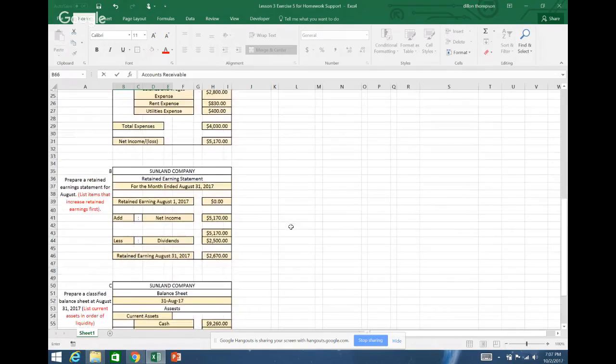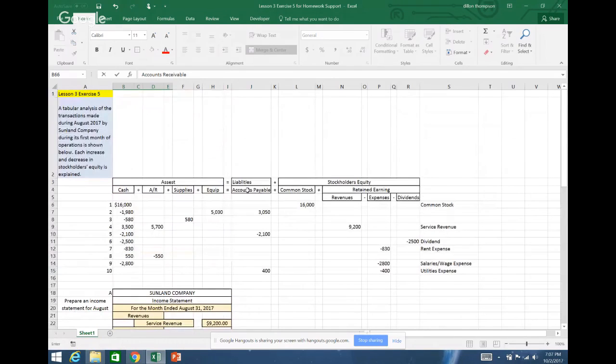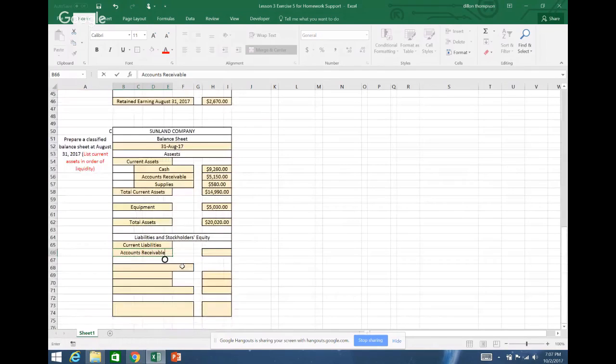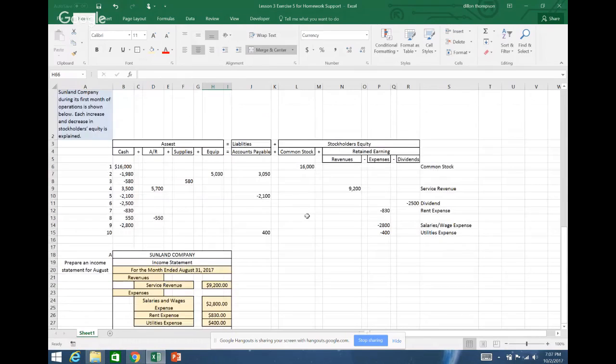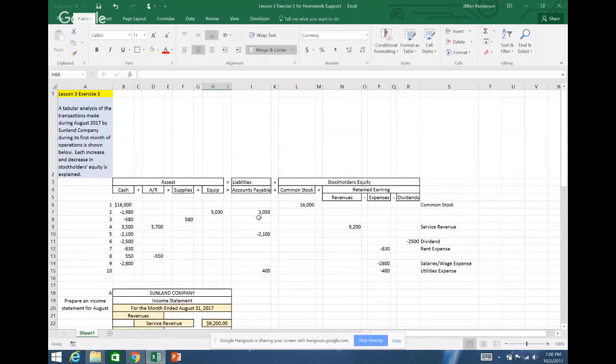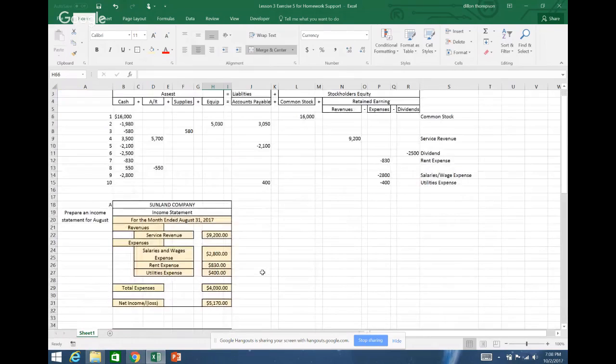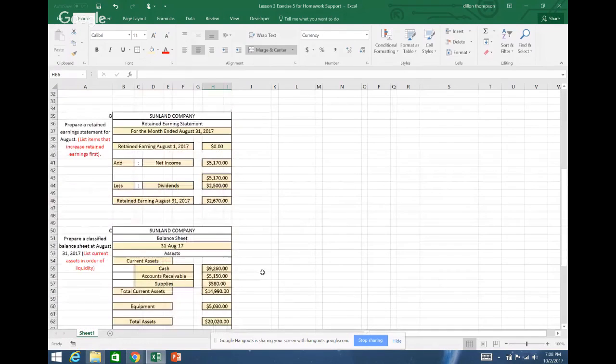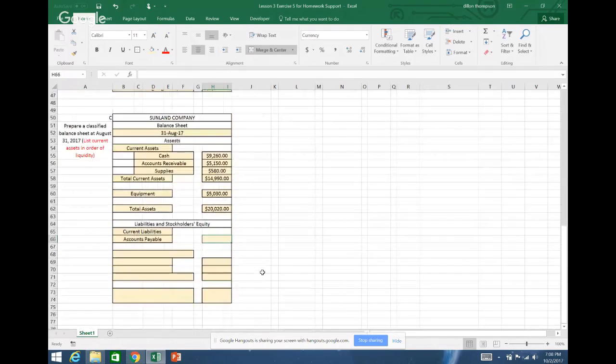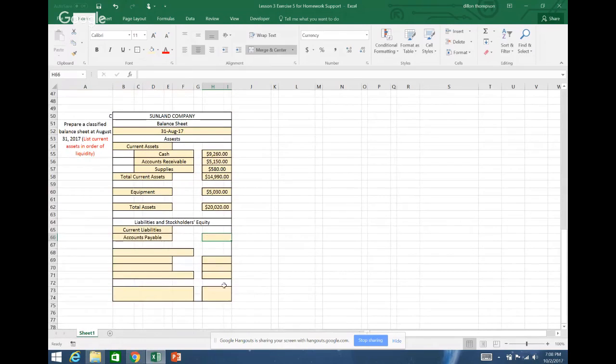We find that up here. Accounts payable, and that totals these numbers: 3,050, negative 2,100, and adding 400. This comes out to be $1,350.